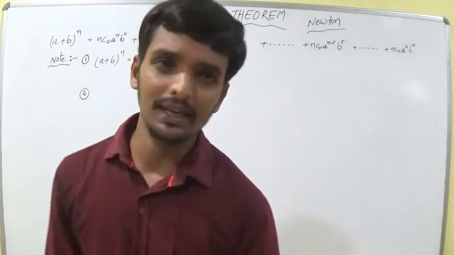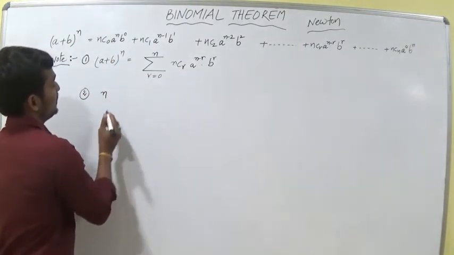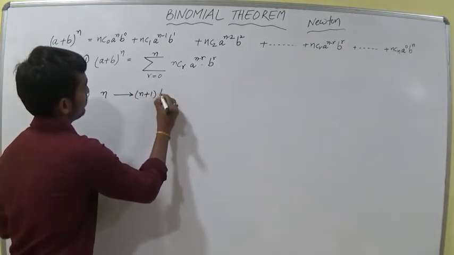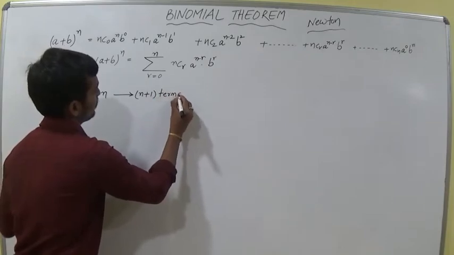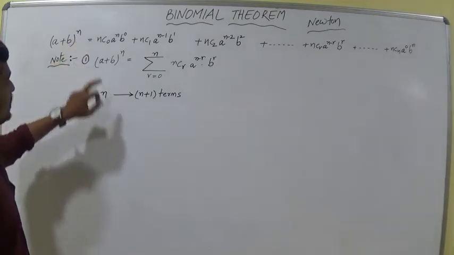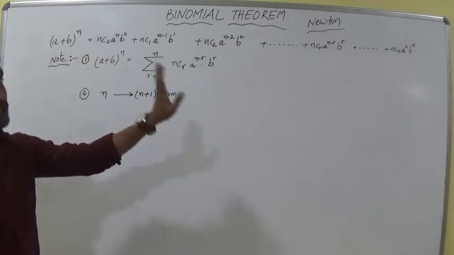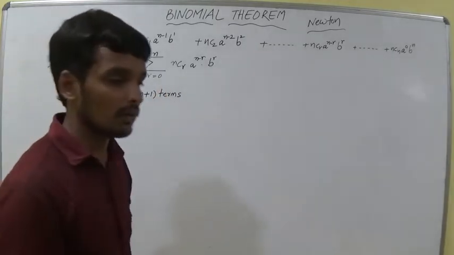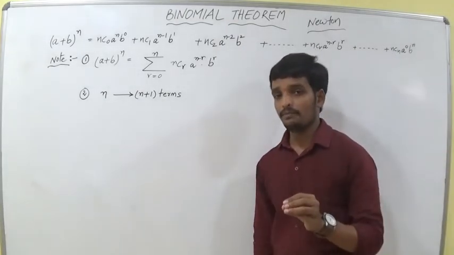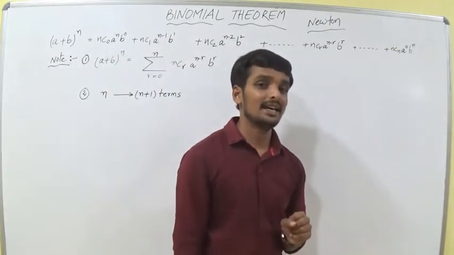If the degree of an expression is n, it has n plus 1 terms, one more than the degree. For example, if the degree of an expression is 5, it has 6 terms. If the degree is 8, it has 9 terms.